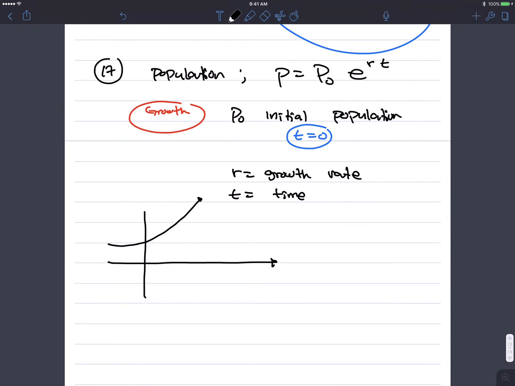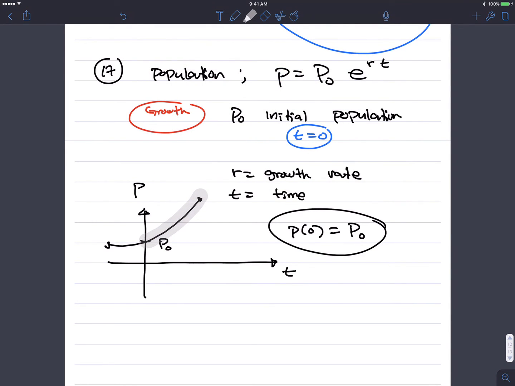You don't have an x-axis, you'll have a t-axis, you have a p-axis, and this is my initial amount, this is when t is 0. So P of 0 is our P sub 0. This is the initial population. So you can start off with some initial population, and as time increases, of course, your population increases. So we're looking at this growth curve. As t gets big, your population is getting bigger.